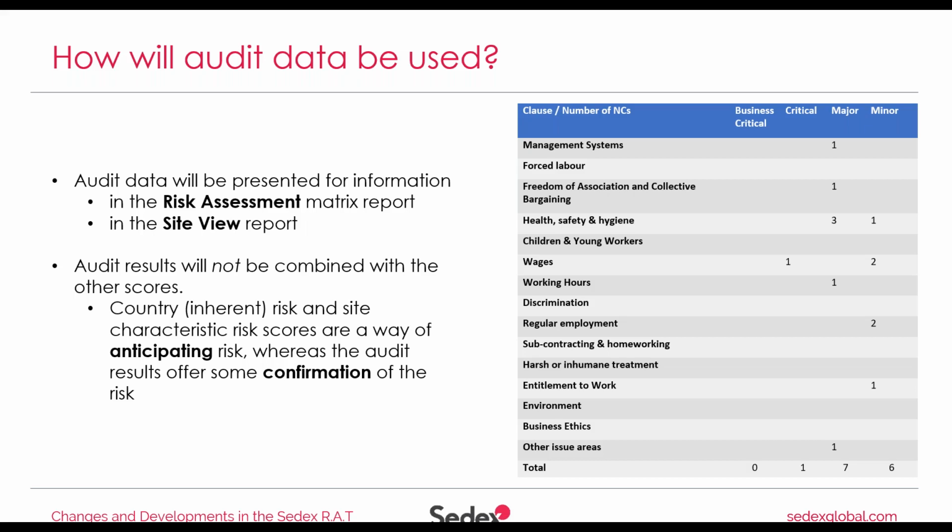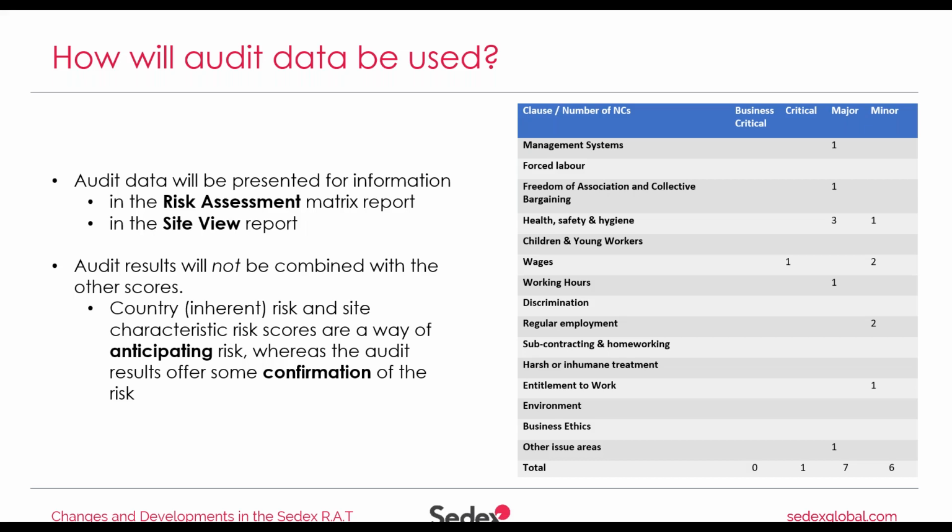Risk scores and the risk tool really look to capture the likelihood of potential poor outcomes that may happen in the future, whereas an audit is a way to capture actual poor practice in the present. And if you're wanting to understand risk, if you bundle up risk score and audit scores, you're moving away from providing a risk score into providing something else that's a bit unclear and potentially confusing.